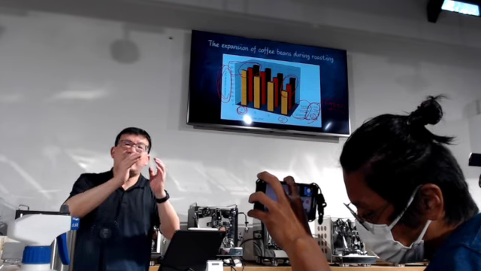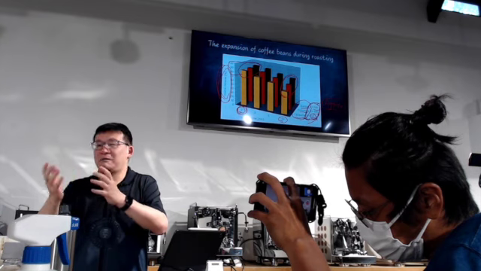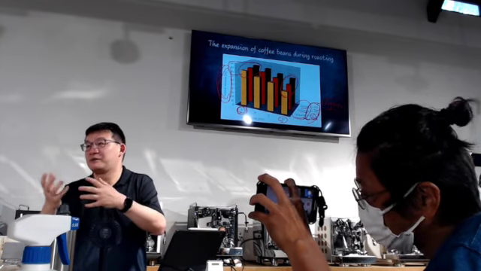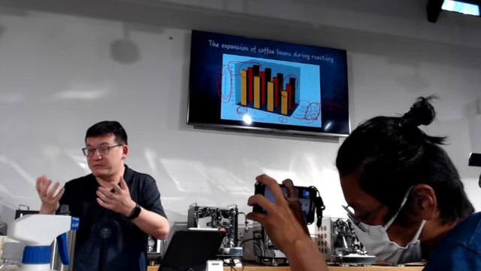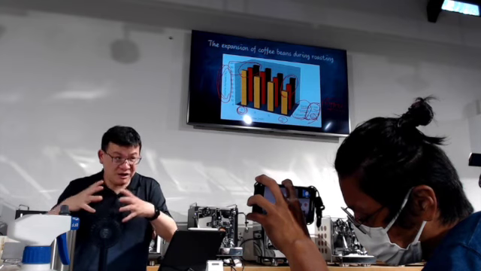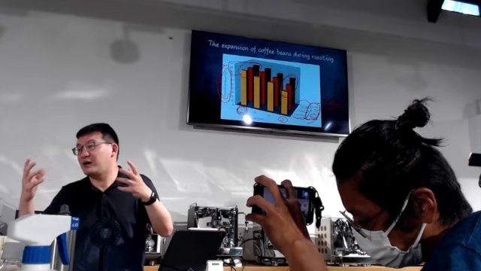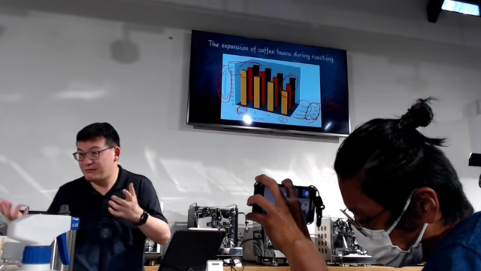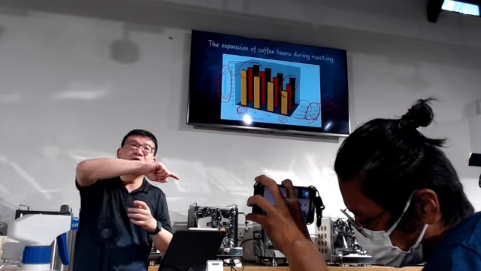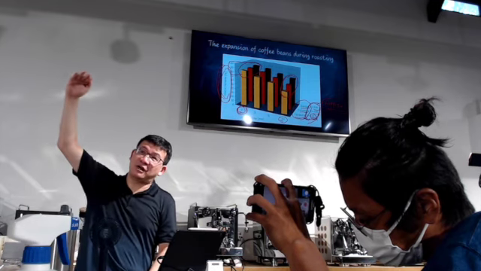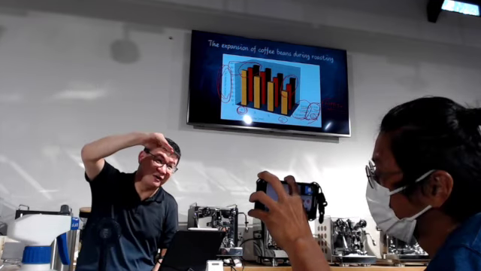So when the coffee beans in the beginning have maybe 10%, maybe 12% water, that means when you heat up, a lot of steam. So that means you have a lot of pressure. But during the roasting, the water content will go down and down and down.